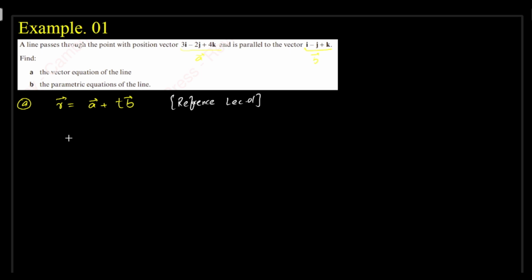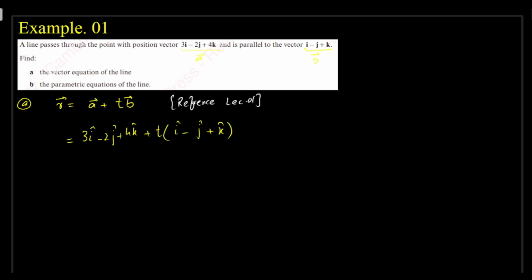Okay, just plug in the values of a vector and b vector to find the vector equation. Here a vector is 3i minus 2j plus 4k, plus t times b vector, which is i minus j plus k.